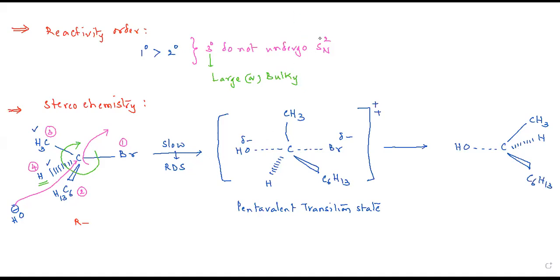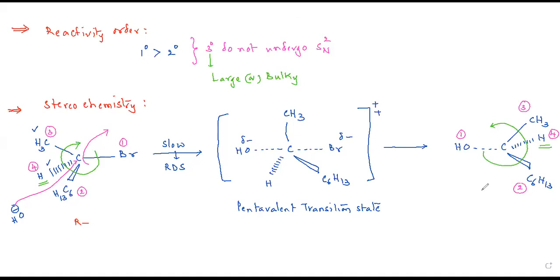Okay, let us again take ranking. First one, second, third, and then this is fourth. Inversion, I mean, Walden inversion has already occurred. And now, while going from first to third, you are going in an anti-clockwise direction with the least priority group bonded by dash.